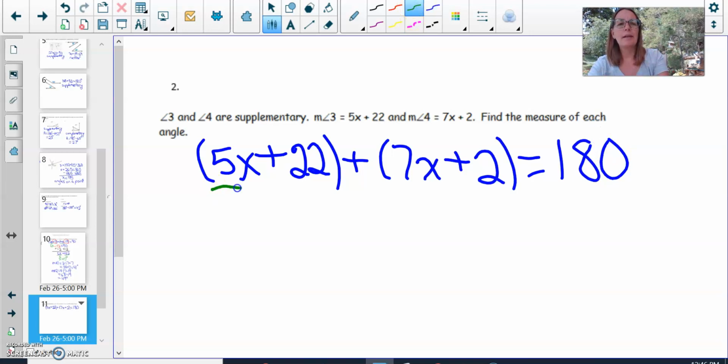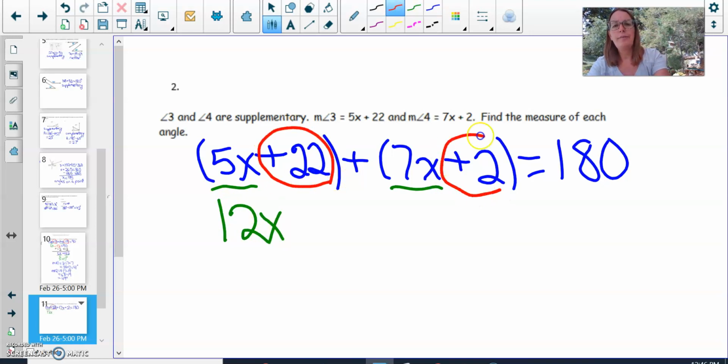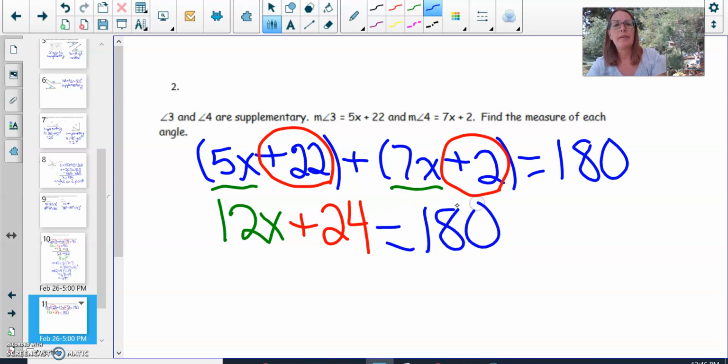Just like before, we're going to combine like terms. 5x plus 7x becomes 12x. Positive 22 plus 2 becomes plus 24, equals 180. My inverse, subtract 24 from each side.